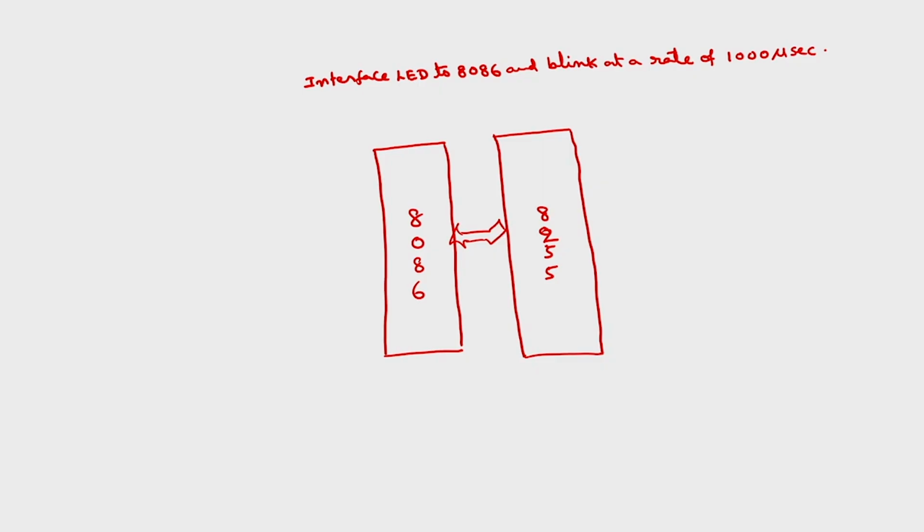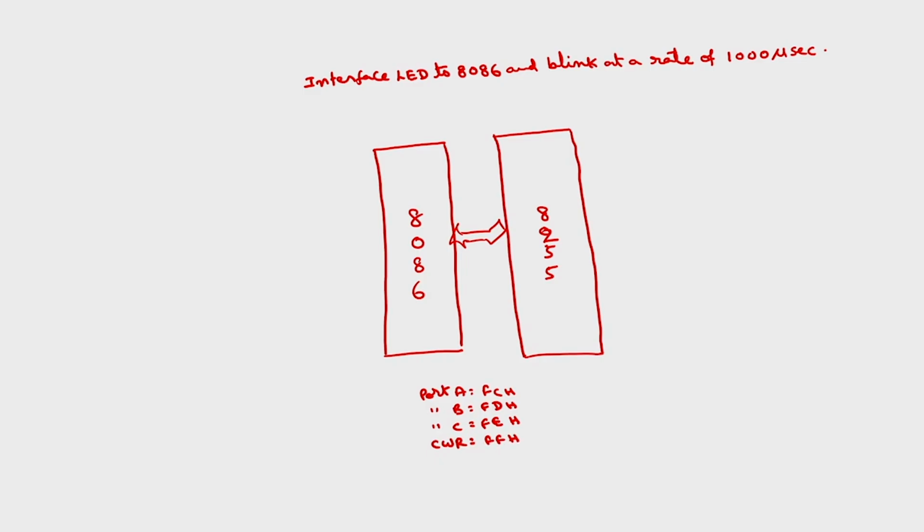Let us assume the connections are such that the port A address is FDH, you can choose any addresses but consecutive, so taking the same first example: port A FCH, port B FDH, port C FEH, and control register FFH.